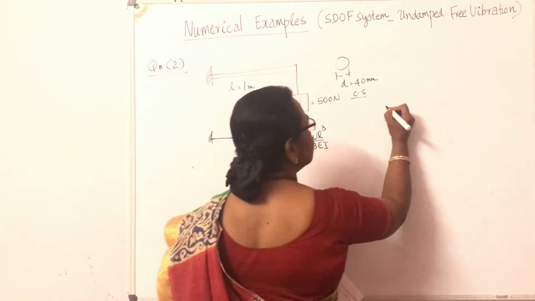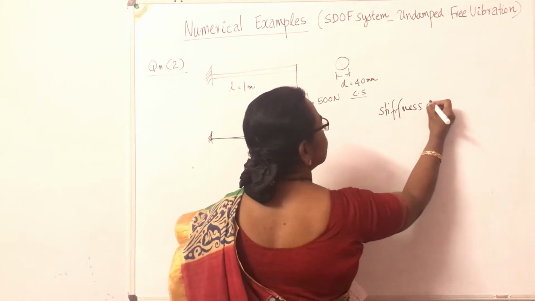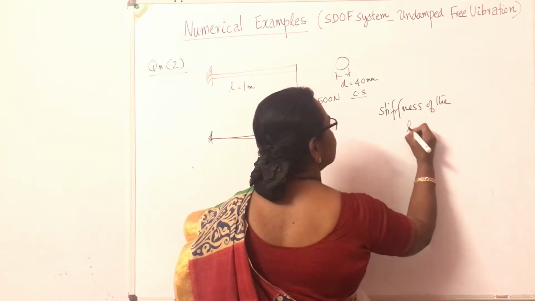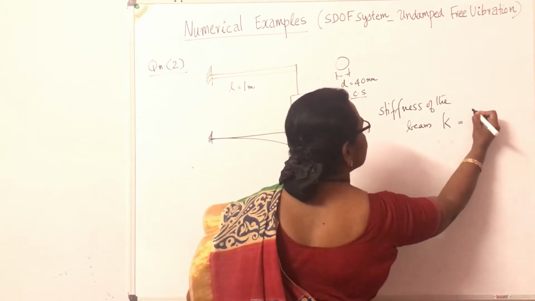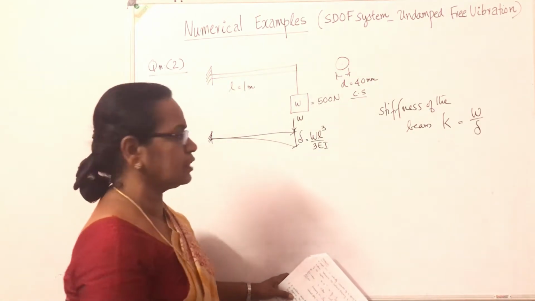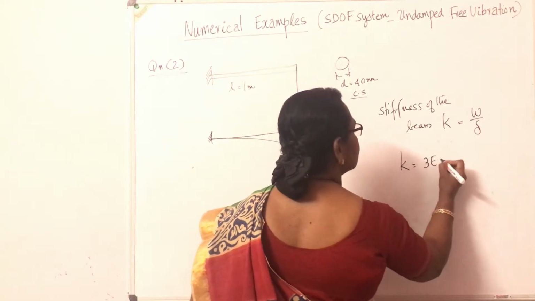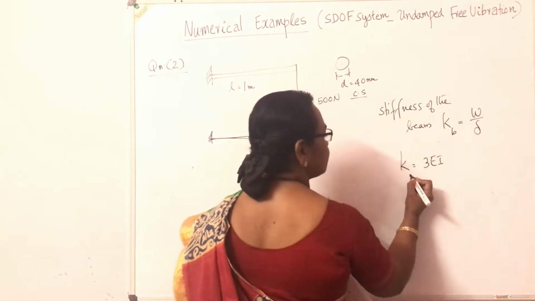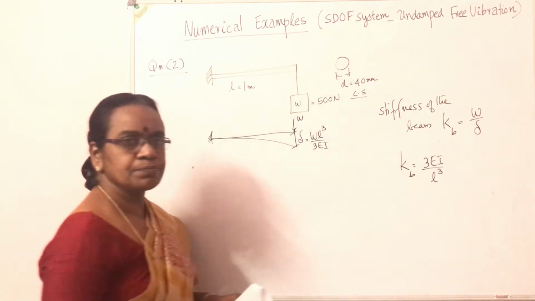Therefore, stiffness of the beam K is equal to load by deflection. Stiffness is the load required to produce unit deflection, W by delta. So K for the beam, K suffix B, is 3EI by L cube.